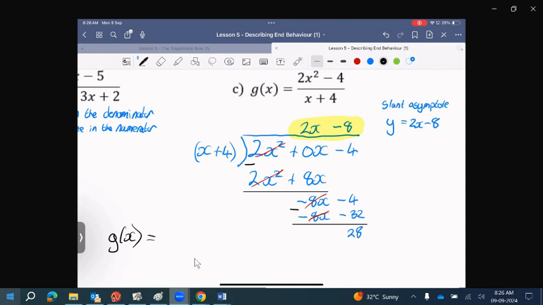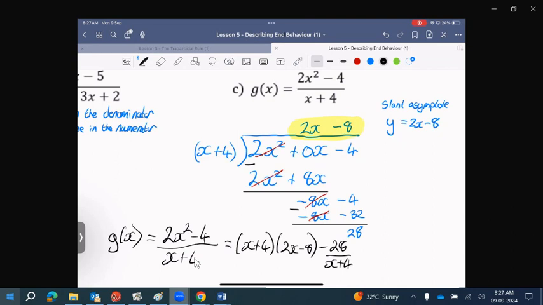It's an algebraic manipulation. The result that I've produced here says that g of x can be rearranged algebraically to be x plus 4 times 2x minus 8, minus 28 over x plus 4.